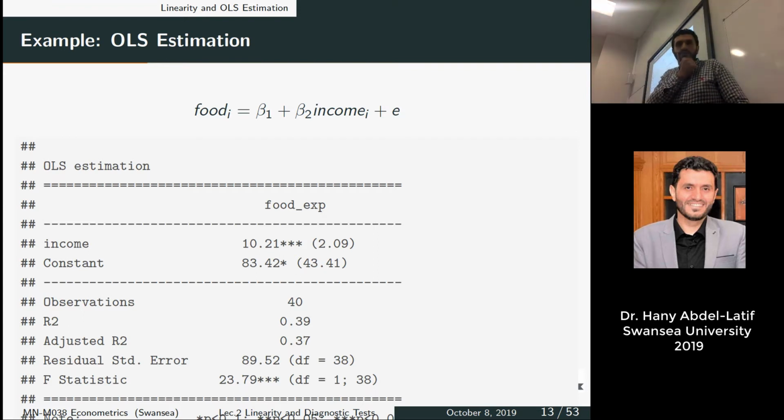I'll show you how to produce this table using R in the tutorial today. But in general, what we are interested in here is the estimation of these parameters. So beta 1 here is the intercept or the constant, and this is the estimation, and for income, the coefficient beta 2 is 10.21. What does that mean then? What does 10.21 mean?